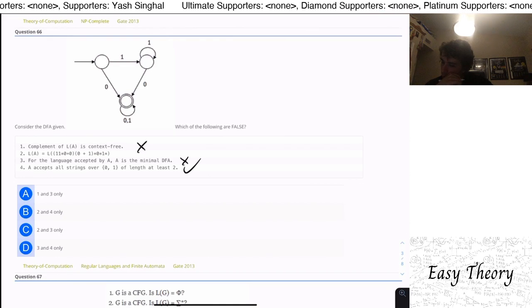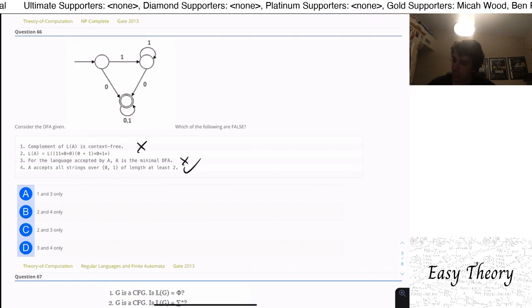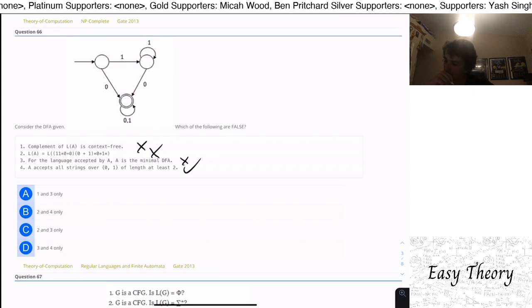Okay, so this part is saying the 2 possible paths you can take to this state, and then 0 plus 1 star will give you the rest. Okay, yeah, so this one is true, so it's not the answer. Wait. Can we make a smaller DFA?